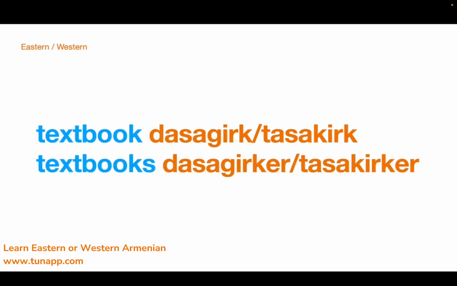If you look at the example on screen, you'll see that this follows the same structure as steamboats. It is a book, in this instance a textbook. Book on its own, if we wanted to express a plural form, would be girker or kirker. And so the fact that it's a textbook doesn't change that ruling. Dasa girker, tasa kirker.